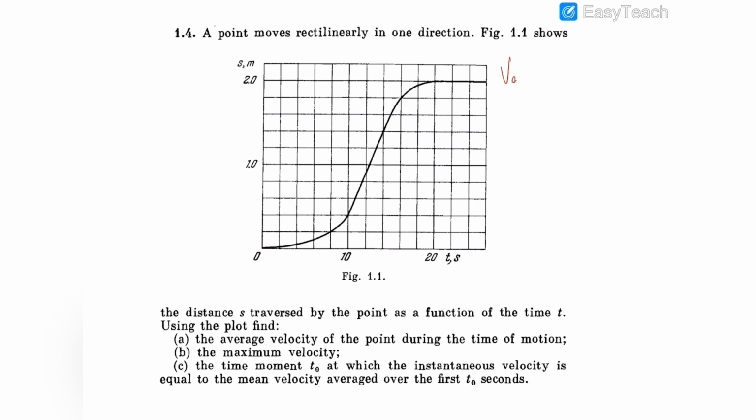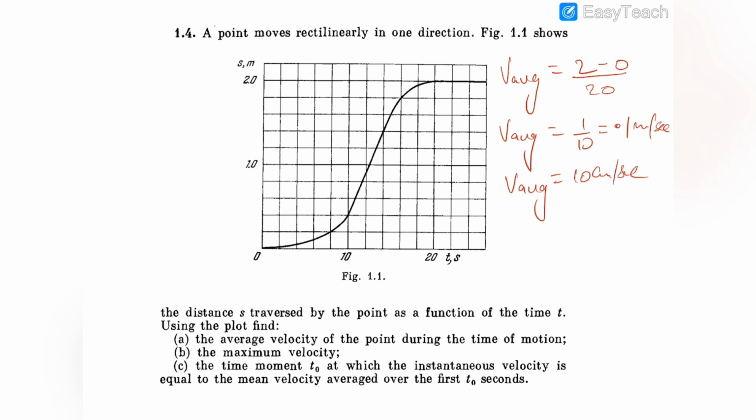So V average would be 2 minus 0 divided by the time taken. Time taken is 20. So V average is 1 by 10, which is 0.1 meter per second, and you can write it as 10 centimeters per second.